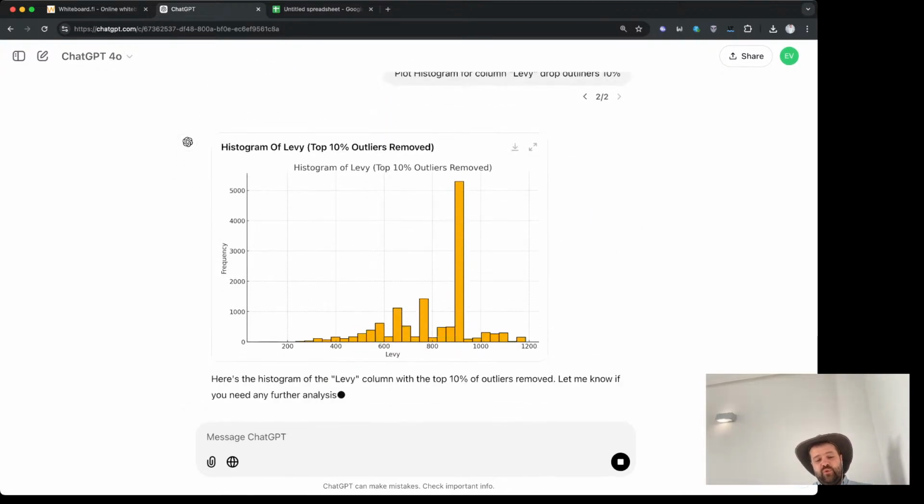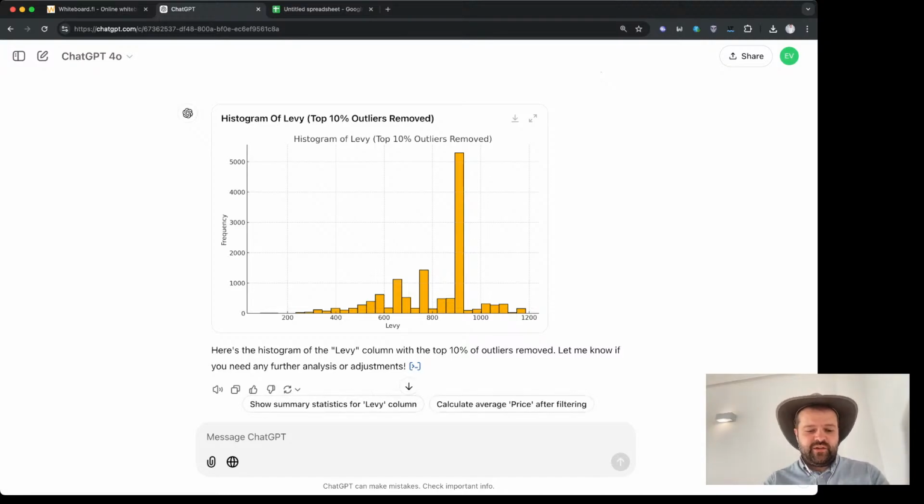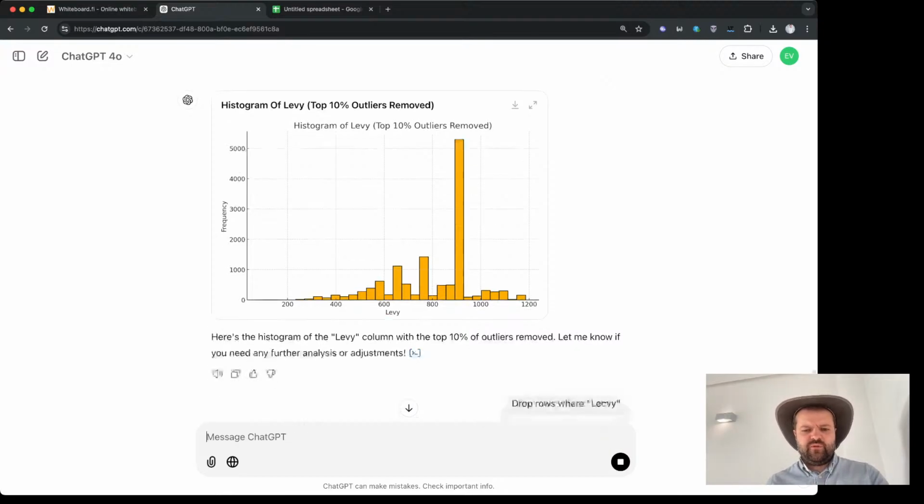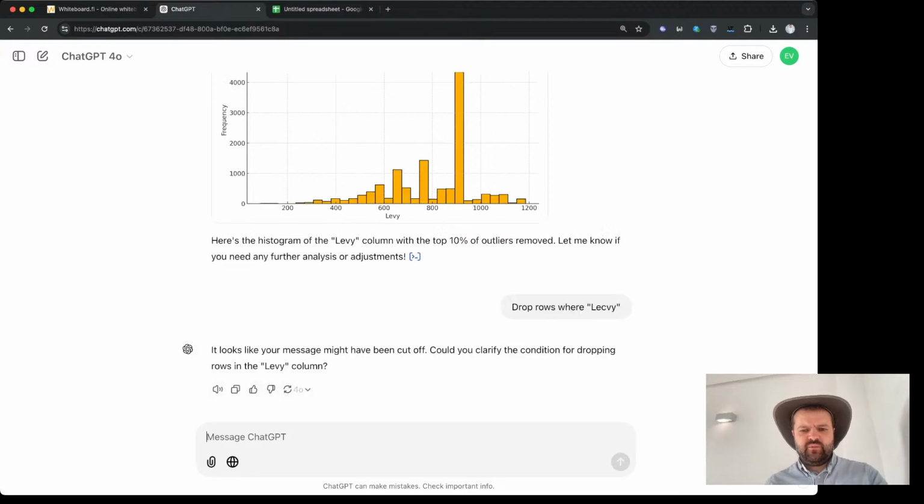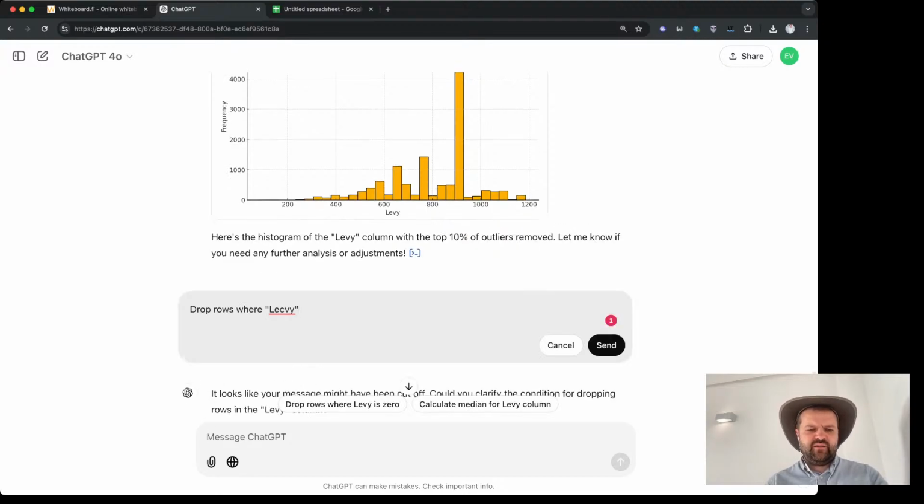Actually, we can just write drop rows where levy contains outliers 10%. Oh, I accidentally pressed enter, but I can go back.